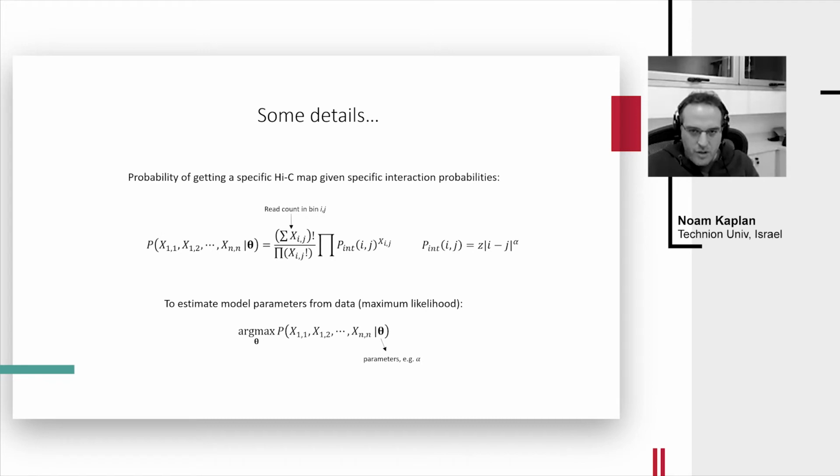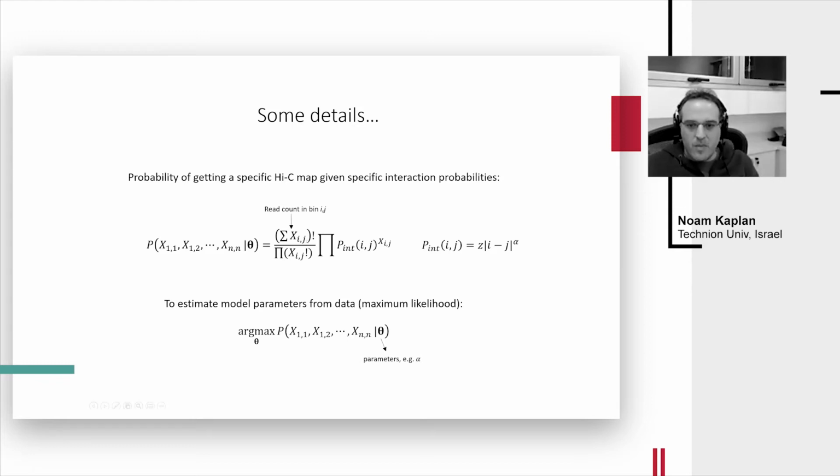Before I show you what we can do, since I wanted to give you all the details so you understand how this works, we need to add two tiny things. One is that, let's say we have the data now, and we want to use it to fit the model. How do we do this? What we need to add is the fact that we don't actually measure the probabilities, but we have read counts.